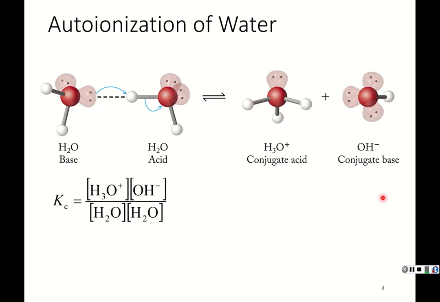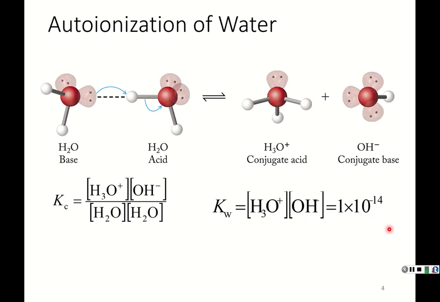We also mentioned that the H2O concentration we can think of as constant. So it reduces down to what we call the Kw, which is equal to the hydronium ion concentration, or H plus concentration, times the OH minus concentration, equals 1 times 10 to the minus 14th.